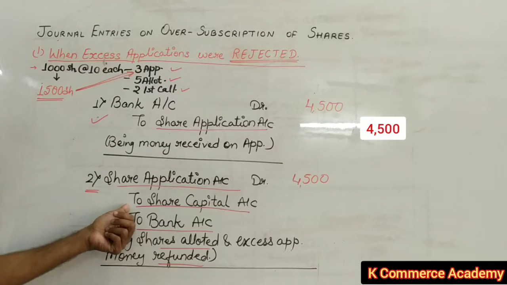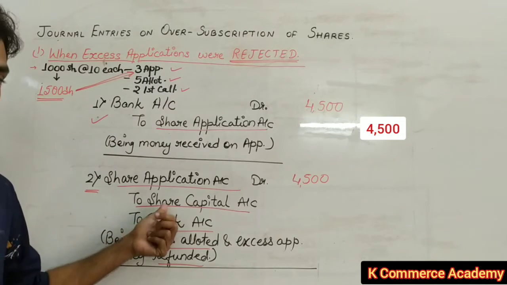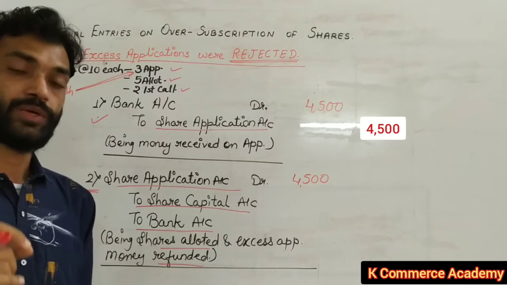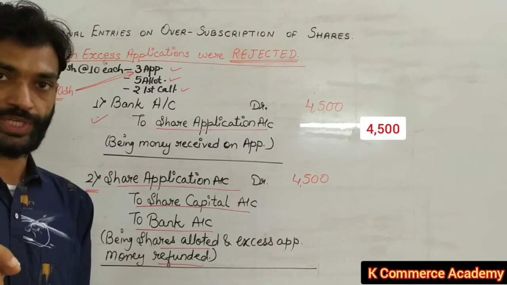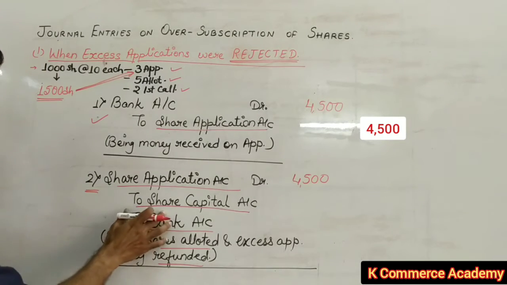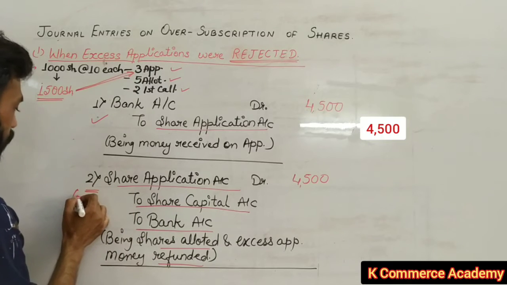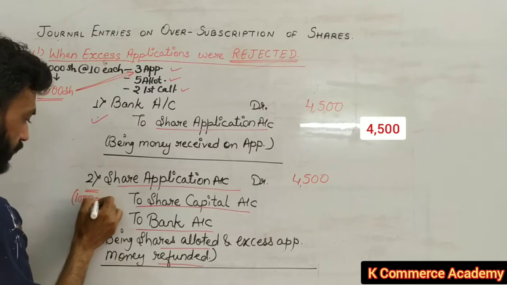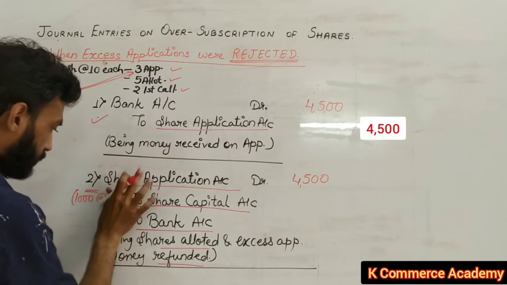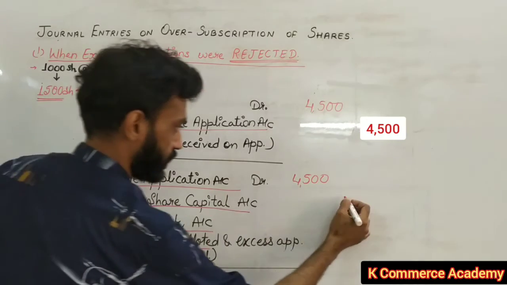But when we mention the amount in share capital, keep in mind that the share capital account is always credited with the nominal value of shares and with the number of shares issued only. So the amount shown in the share capital account will be on 1000 shares at the rate of rupees 3, that is rupees 3000.